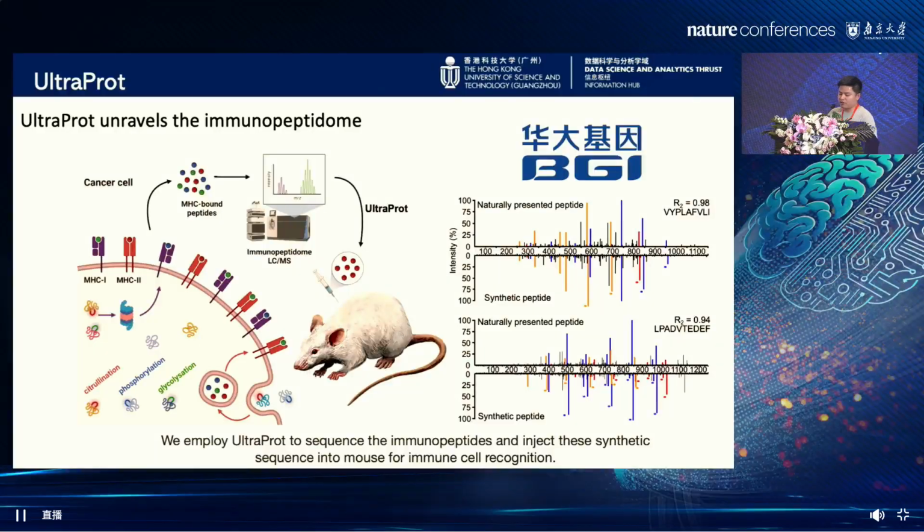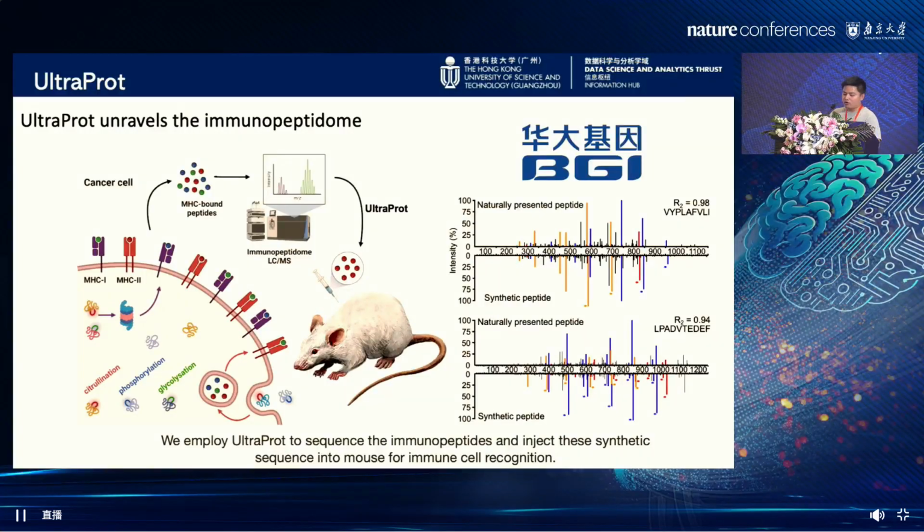Finally, we collaborate with BGI and conduct some wet lab experiments on immunopeptides to verify the effectiveness and usefulness of our UltraProt model in real-world cases. The immunopeptides here don't exhibit the characteristics of most proteomics experiments and cannot be identified by traditional database search tools.